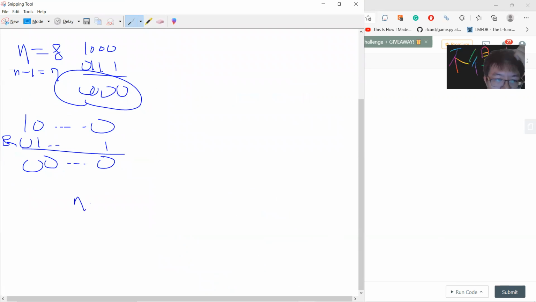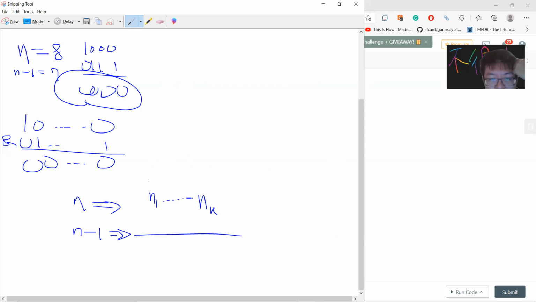Suppose n in binary representation looks like n1 through nk. And then you can ask what the n minus 1 changes, since you require n AND n minus 1 to be 0.